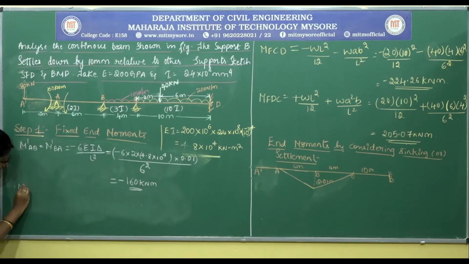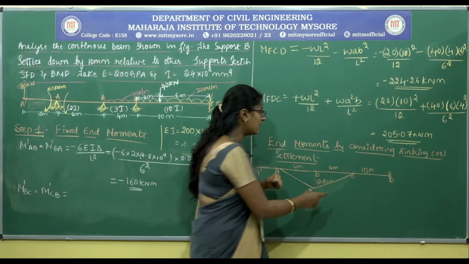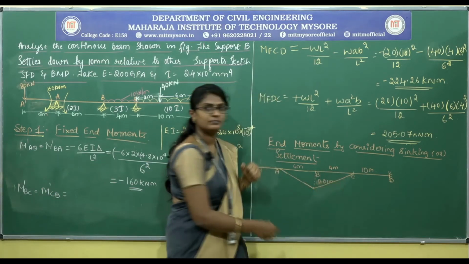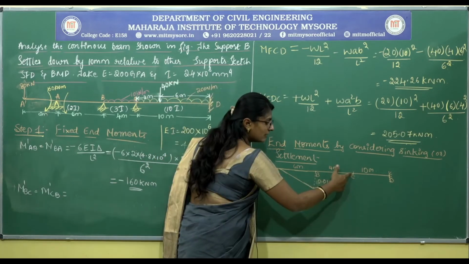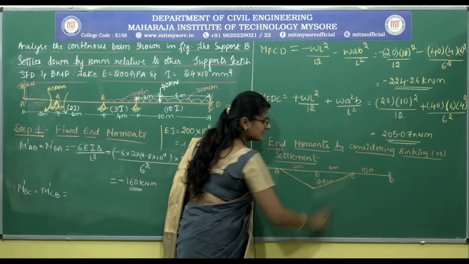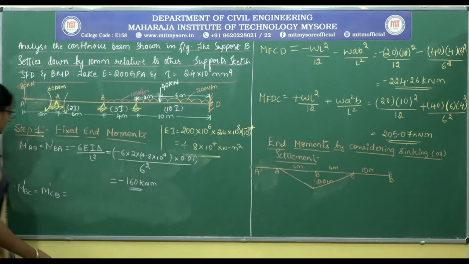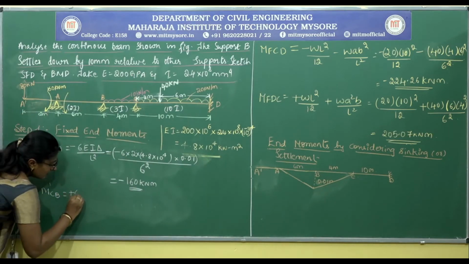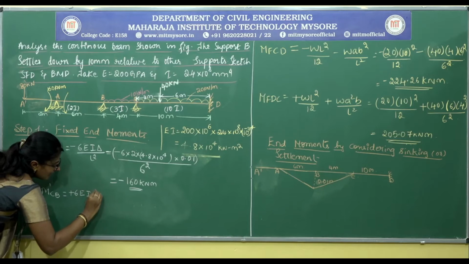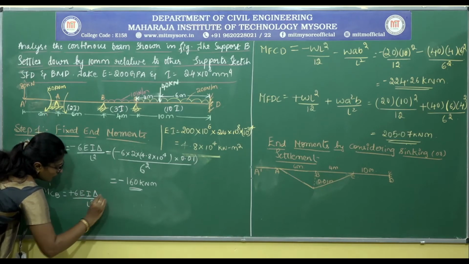Next, M dash BC equal to M dash C. For this, BC is the span considered, right. So with respect to right support, left support is sinking, therefore the moment considered here is positive, plus 6 EI delta by L square.